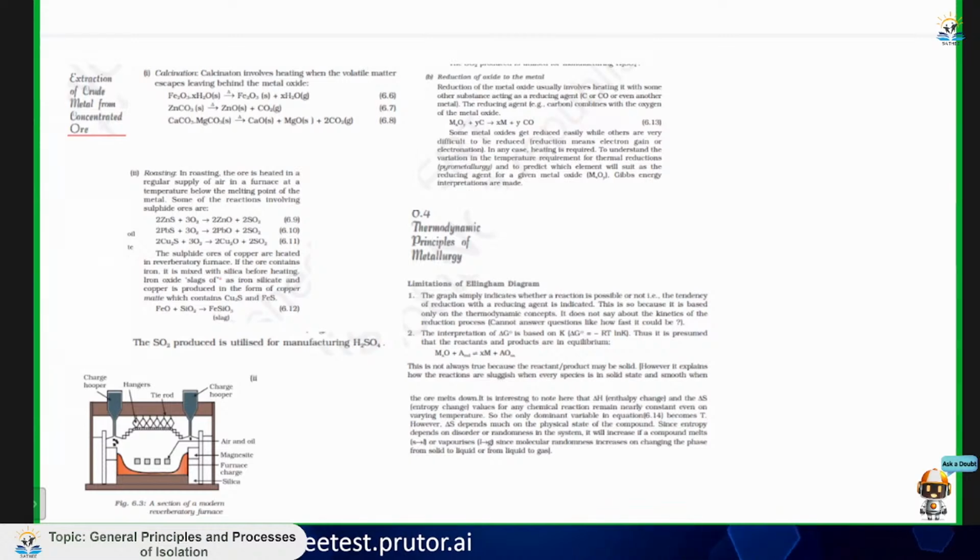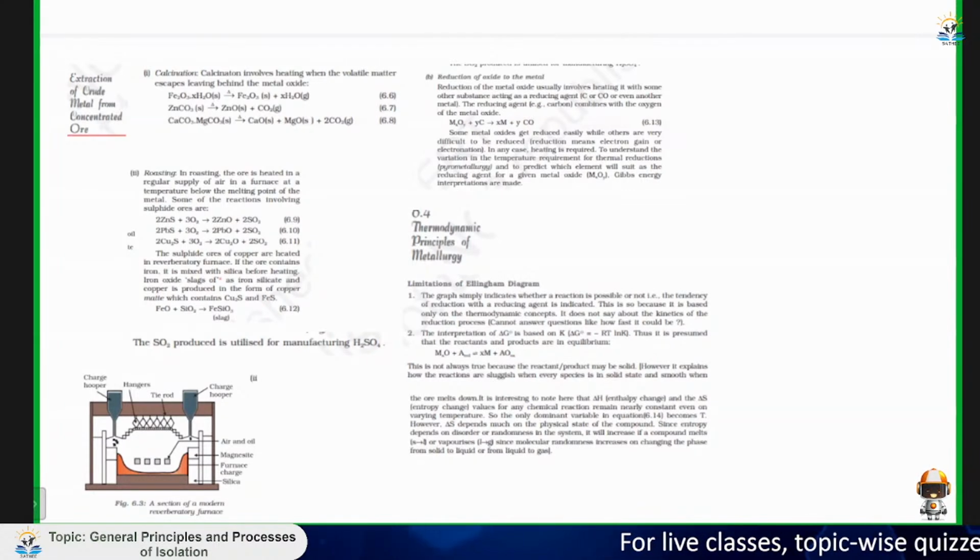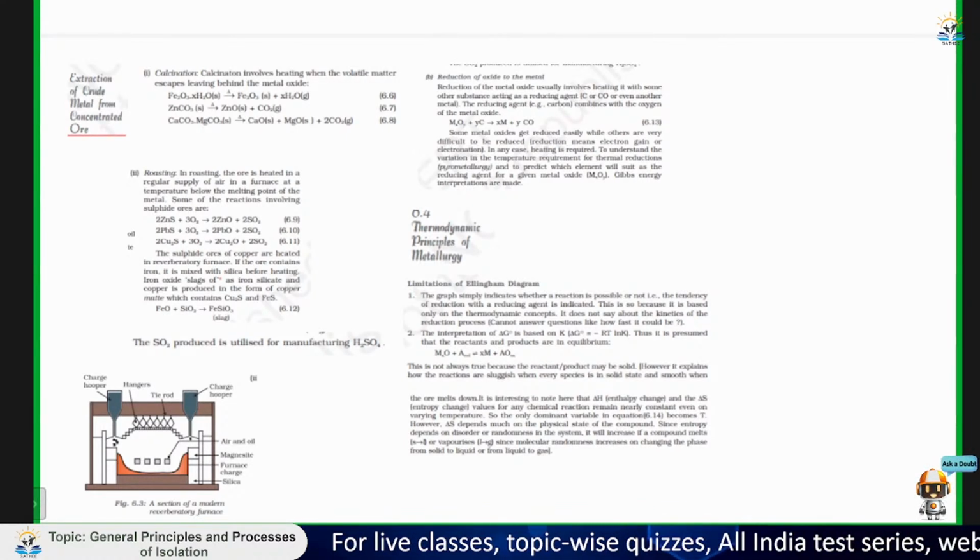For the oxidation, there are two methods, calcination and roasting. Roasting is done in a reverberatory furnace. Calcination is done in both reverberatory and blast furnace. Calcination is essentially burning up the ore without air. Calcination involves heating when the volatile matter escapes, leaving behind the metal oxide.